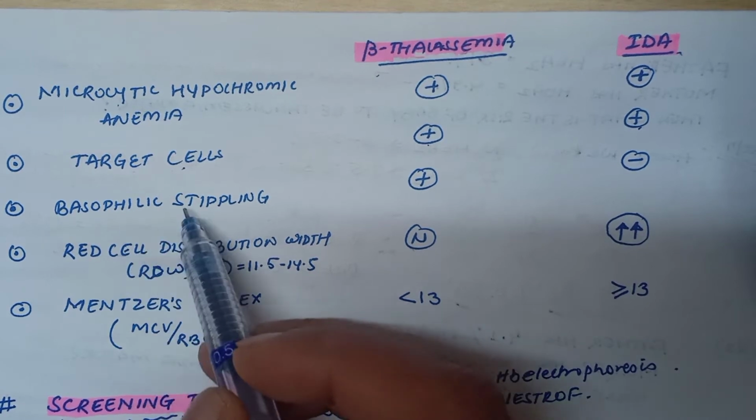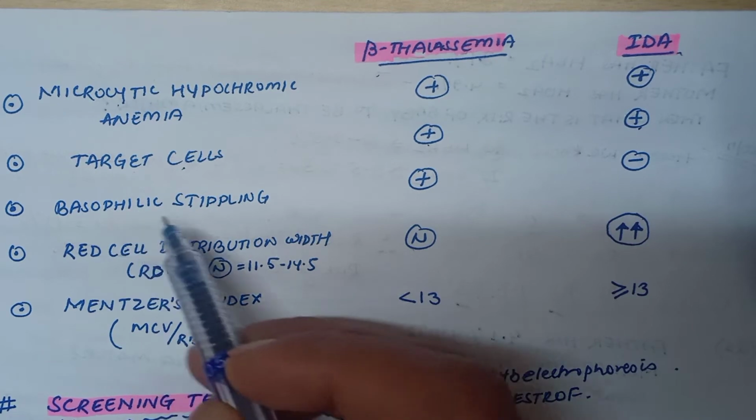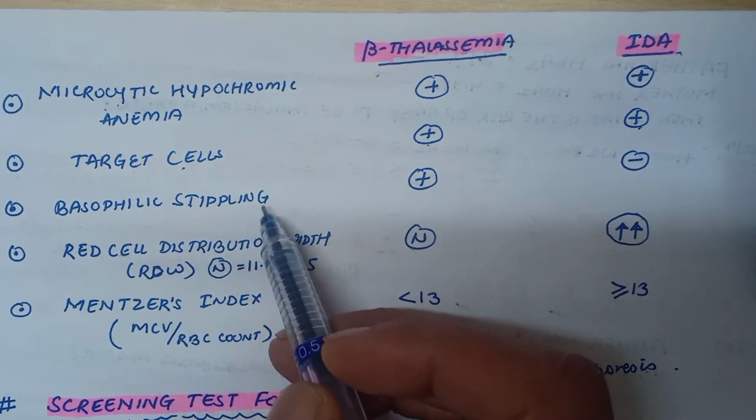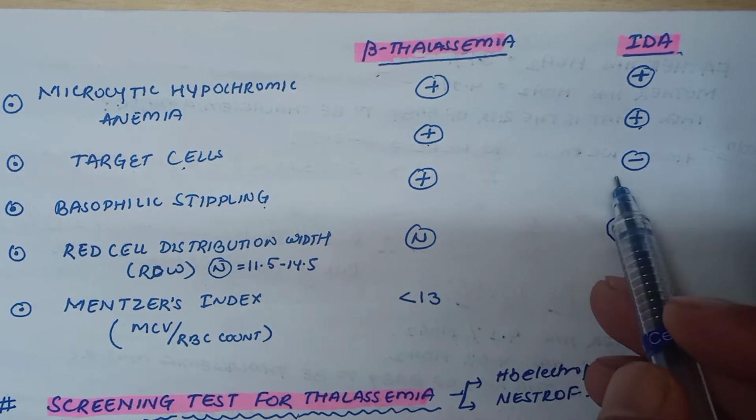Whereas basophilic stippling, which is a sign of dyserythropoiesis, is seen in beta thalassemia and not in iron deficiency anemia.